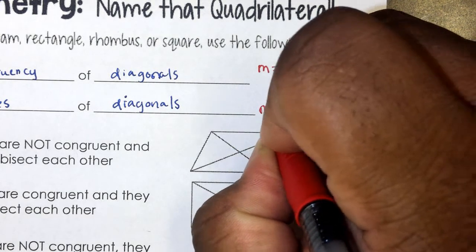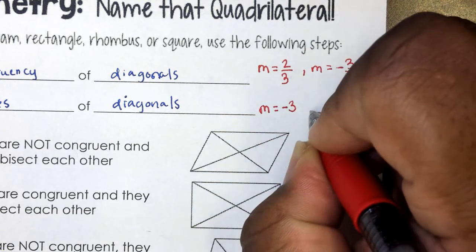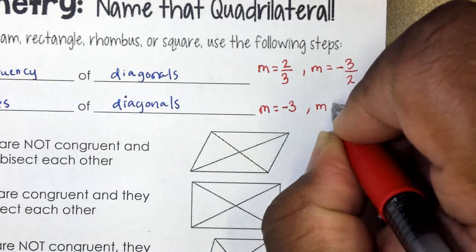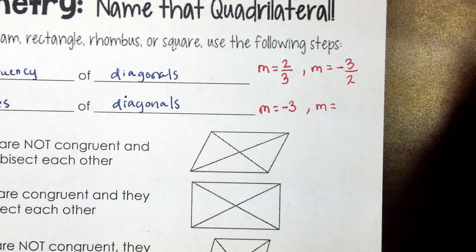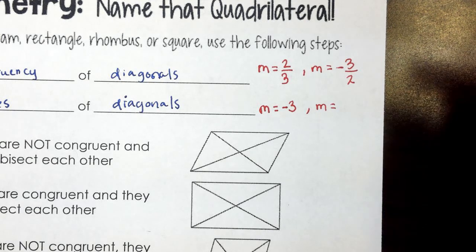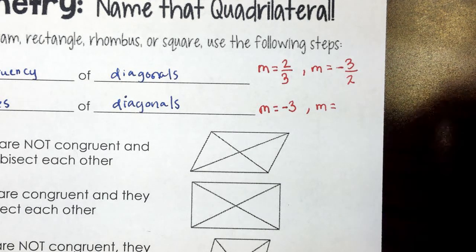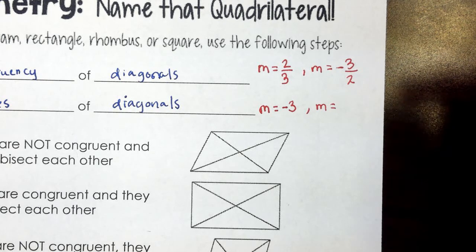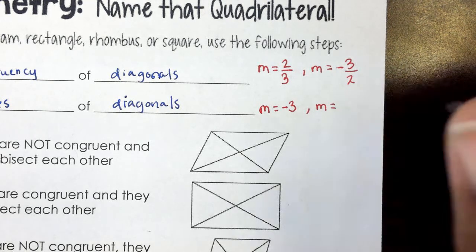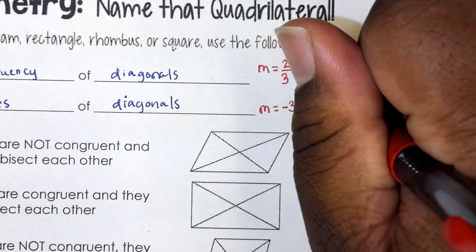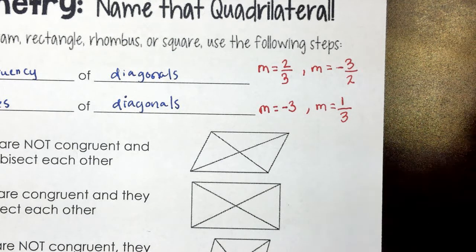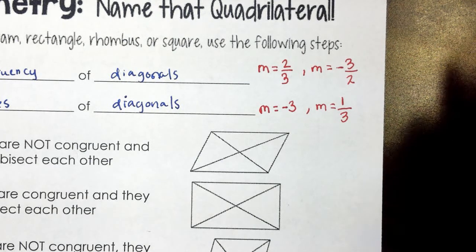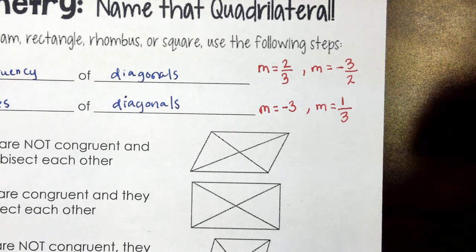I'll tell you the slope of a line is -3. What are you going to tell me the slope of the perpendicular line is? 1/3. Thank you, sir. Opposite reciprocal. Just make sure you remember.